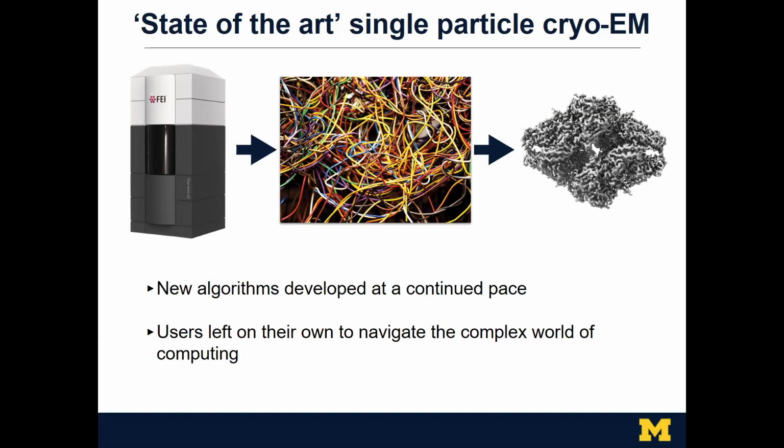So ideally, there should be a way to automatically identify the most promising data so that people can just focus on the most promising data and try to solve the best structure. So there should be a more efficient and better automatic way for data quality assessment at different levels, at the micrograph level and also at the particles to the class average level.